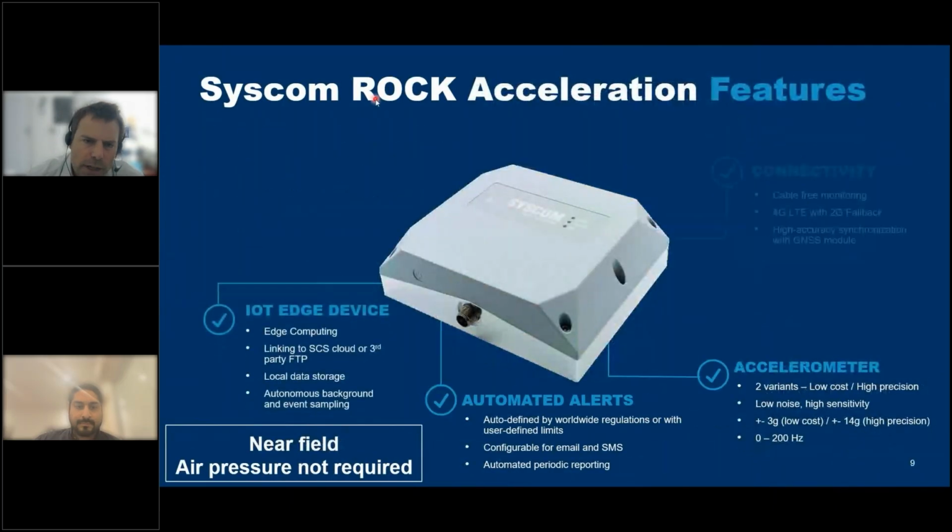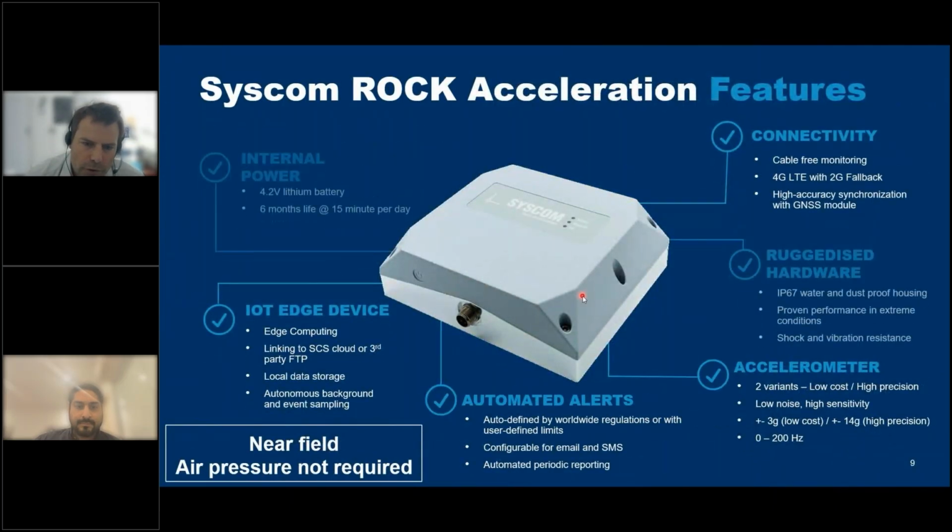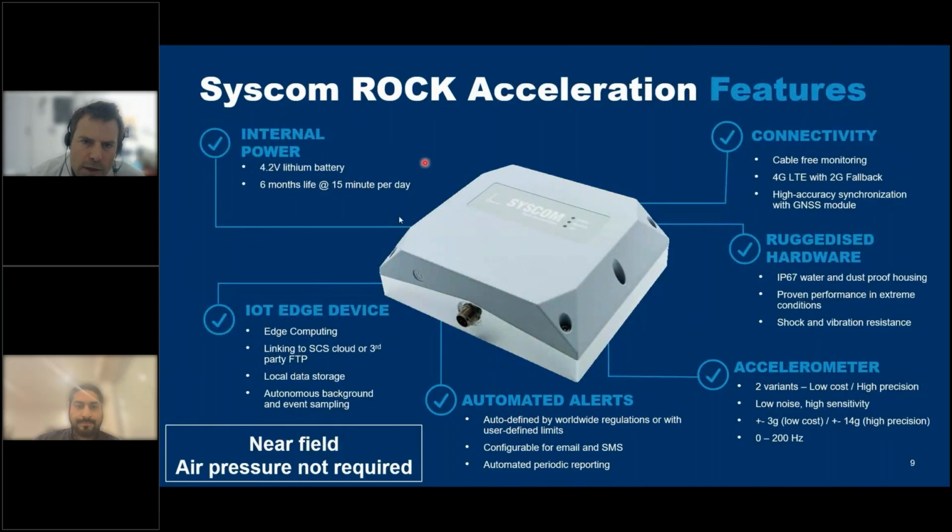The last one that we'll have a quick overlook of is the rock acceleration sensor. Compared to the previous two sensors that were using geophone velocity sensors, this one is more for near field when air pressure is not required. The benefit of this one is the high precision and high amplitude, high measuring range sensor, plus or minus 14G.